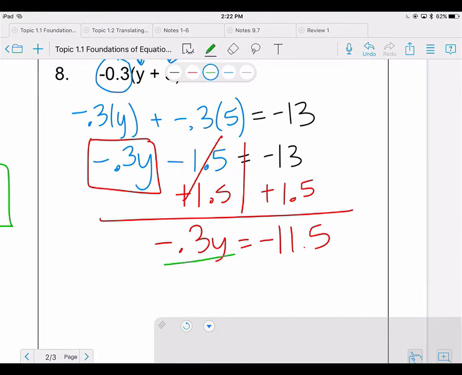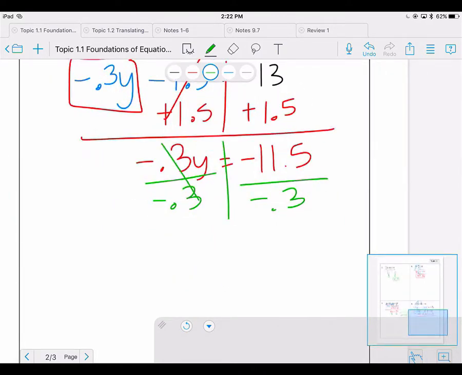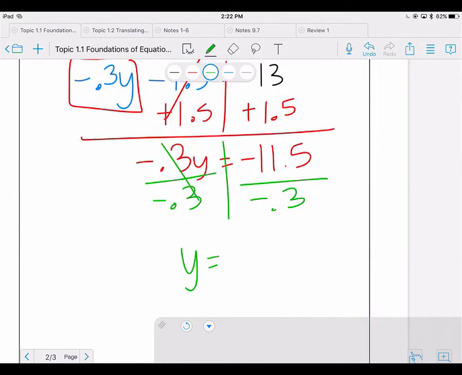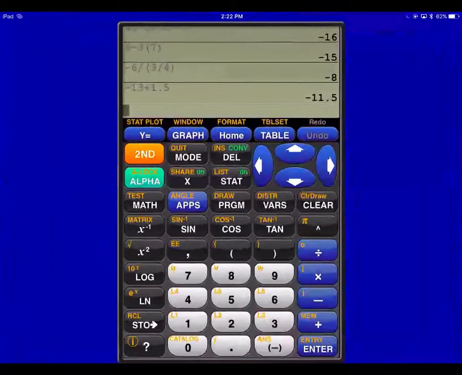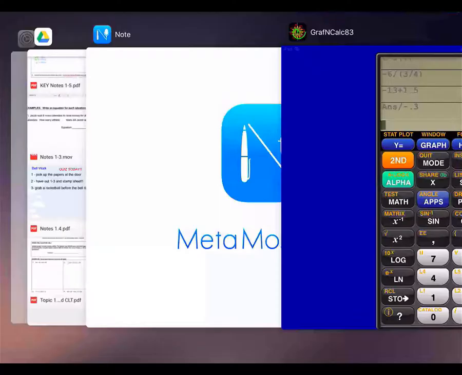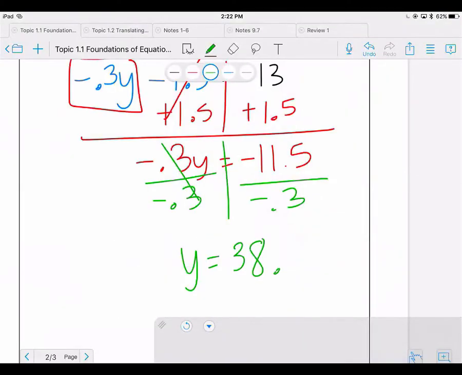And then my final step is to divide both sides by negative 0.3. And we get 38.3 repeating. So we do the 3 with the repeating bar on top of it.